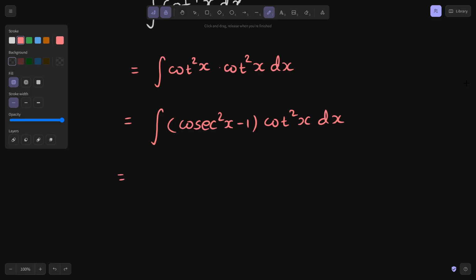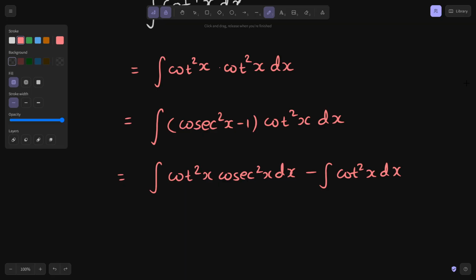Now let's separate this. So this can be written as integral of cot²x cosecant²x dx minus integral of cot²x dx.